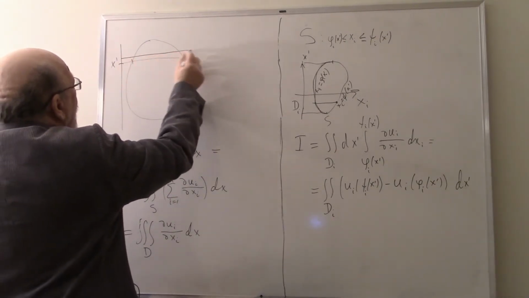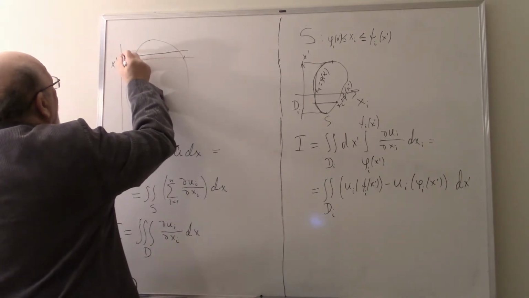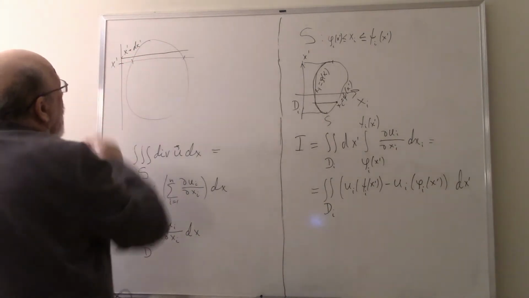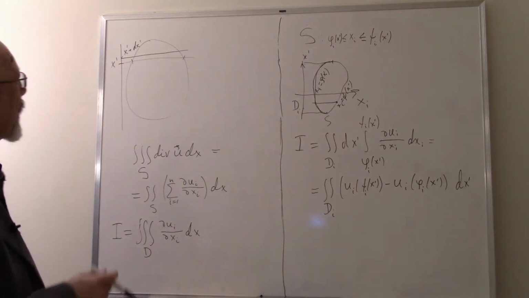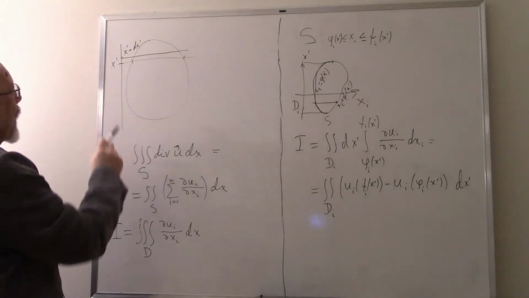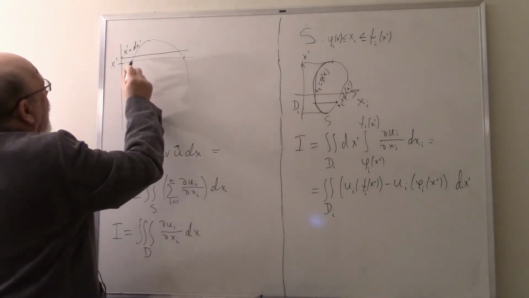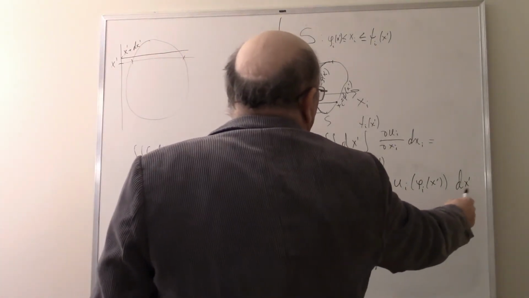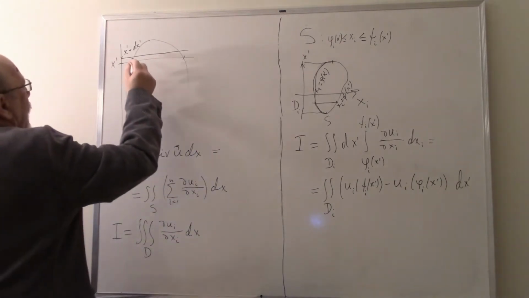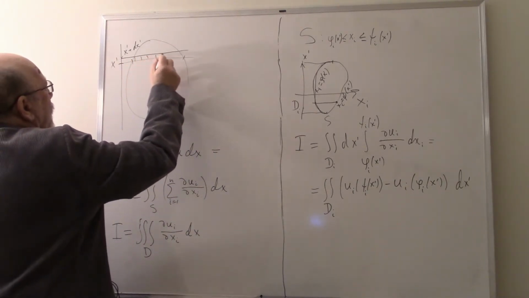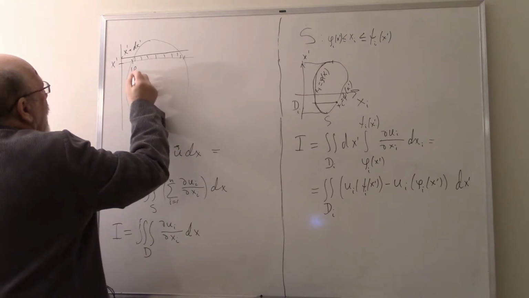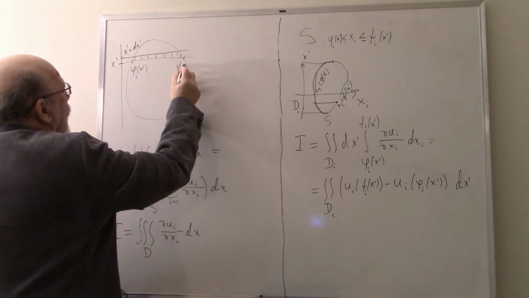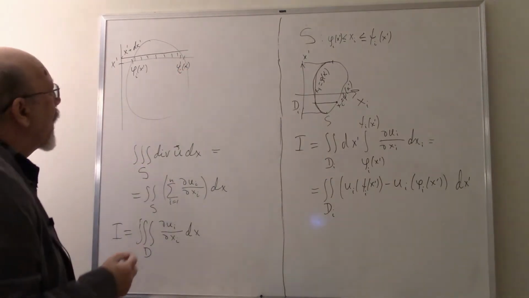Consider x prime, say x prime plus dx prime. Let it be two dimensions, so it's xi and the other x prime. Then this difference times dx prime is the area of this rectangle.